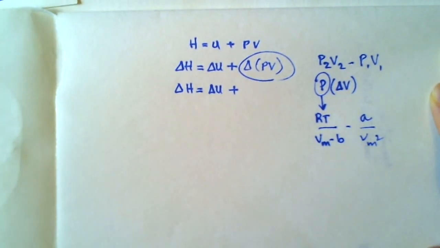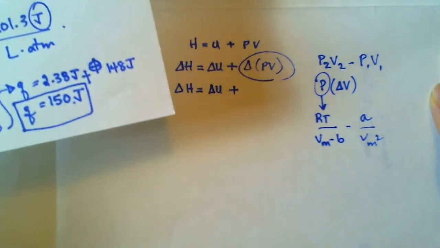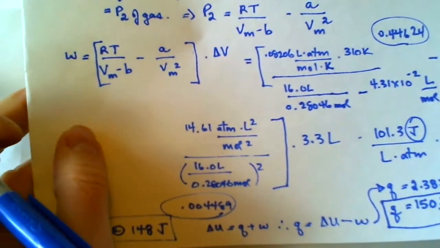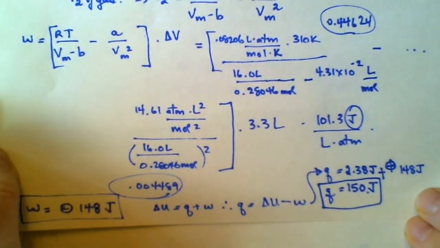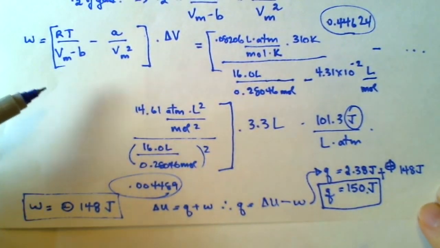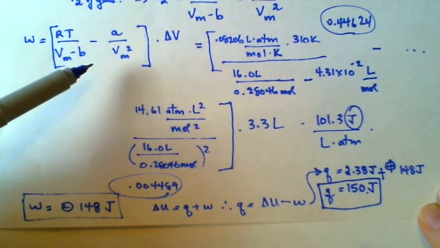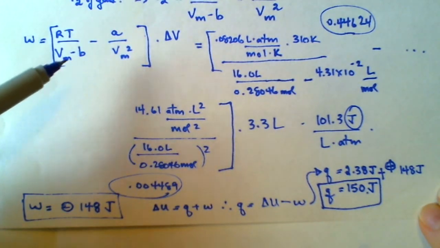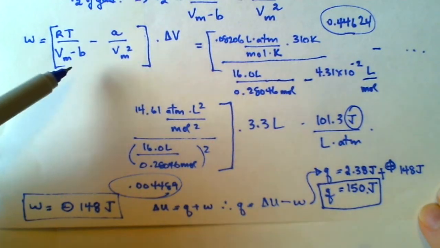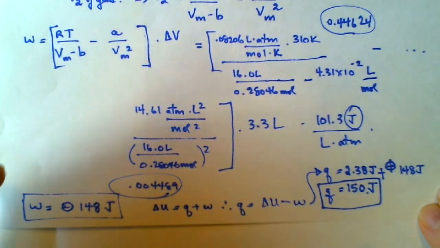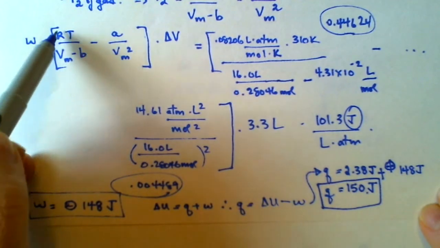We just found that. We actually just found that when we were calculating the work. Let me just throw this back here and make sure that you agree with me. For the work, we said it was equal to a minus P delta V. I didn't carry the negative sign there, but we did add it at the end.